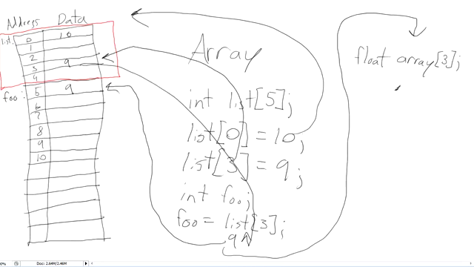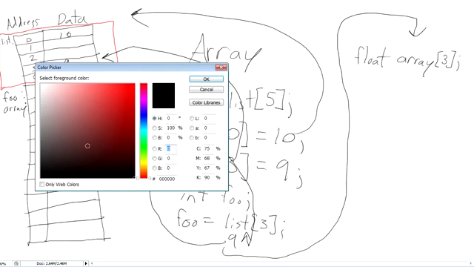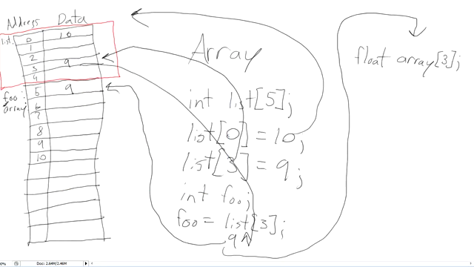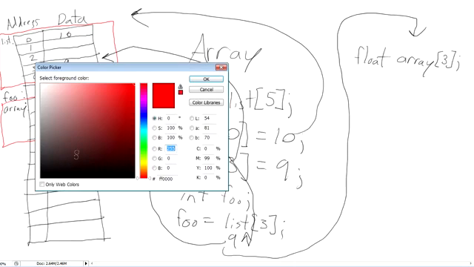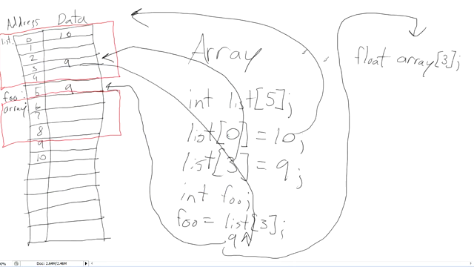When this happens, I'm getting ahead of myself now. Compiler hits this line and it says, okay, so we want an array of floats. So we're gonna allocate these 3 addresses to our array, which is called array. I know, it's poetry.